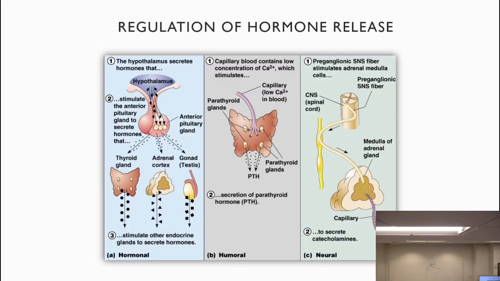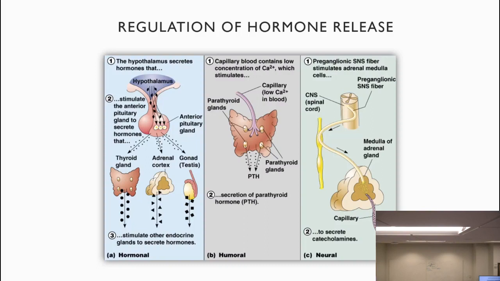They will stimulate, for example, thyroid stimulating hormone, or adrenocorticotropic hormone, ACTH, or FSH and LH for the ovaries and testes.